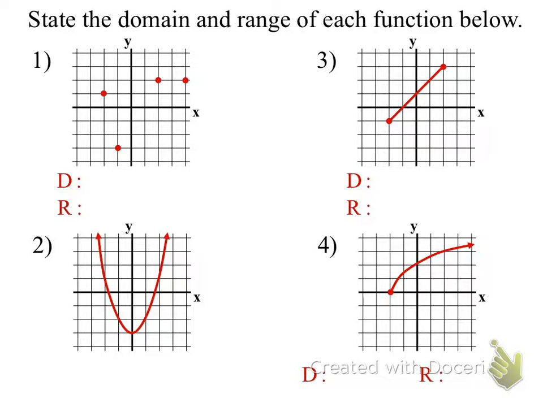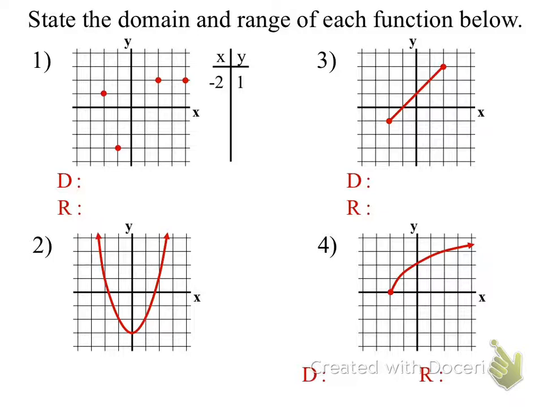All right, so now we're going to talk about domain and range. And this is leading us to our big project, which we'll start at the beginning of the year. So with domain, we can see that on the first one, that point is -2, 1.